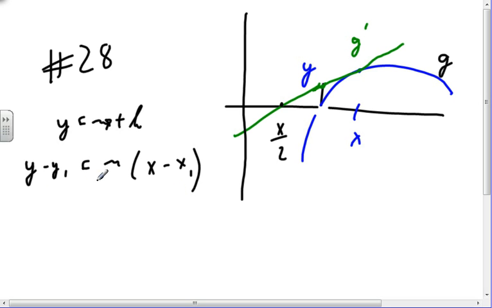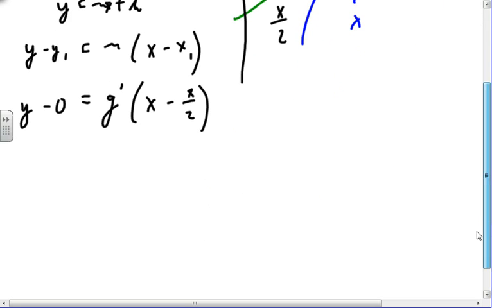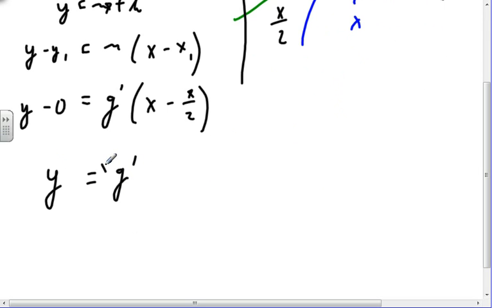So we're going to use this form and say that y minus 0 is equal to the slope g prime times x minus x over 2. So I'm going to have y is equal to g prime times x over 2.